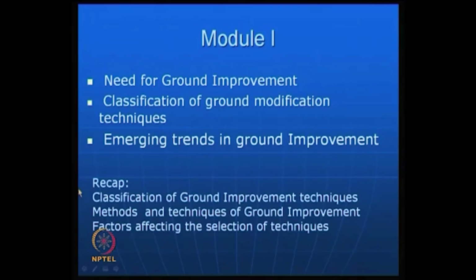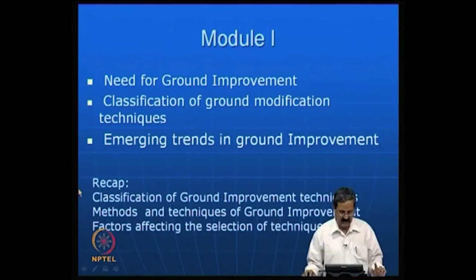In the last class, we had some discussion on the need for ground improvement and the classification of ground modification techniques. Today we will try to see some of these points in more detail, like how we classify them, what their advantages are, and also emerging trends in ground improvement.